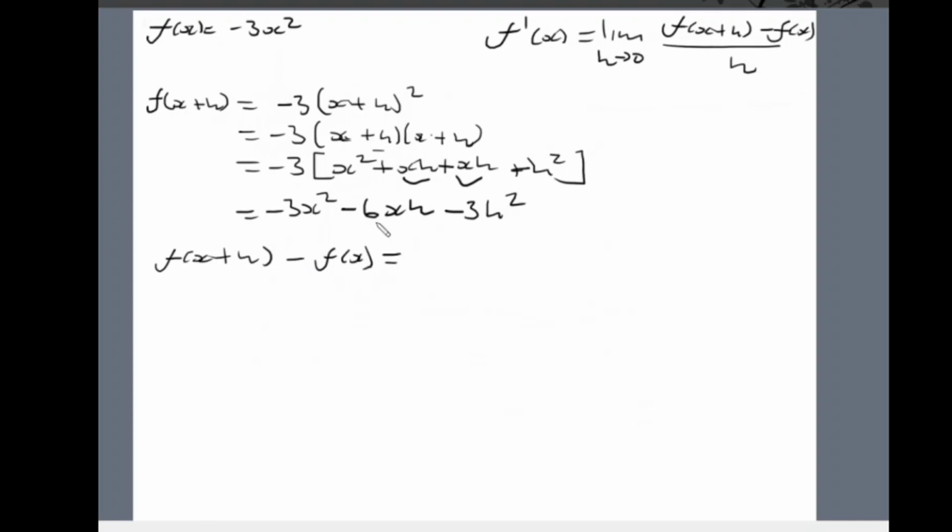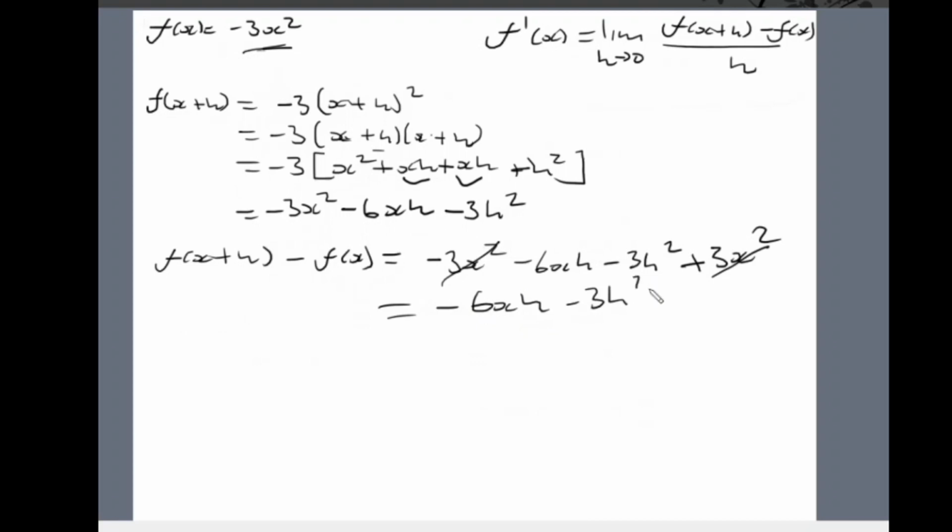I already have f of x plus h, which is minus 3x squared minus 6xh minus 3h squared, and then f of x is just my function, so it will be minus minus 3x squared, so it will be plus 3x squared, right? So this and that will cancel. I'll be left with minus 6xh minus 3h squared, right?